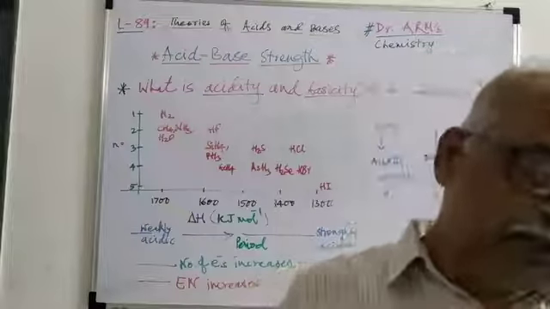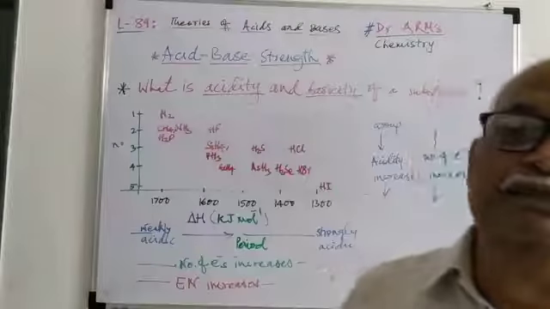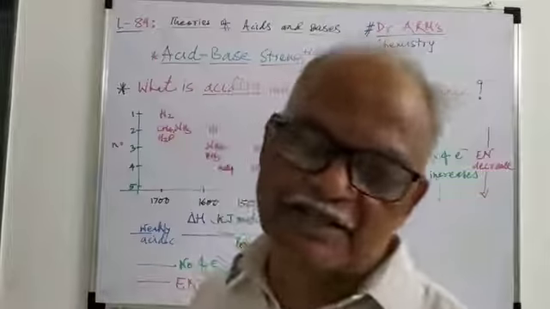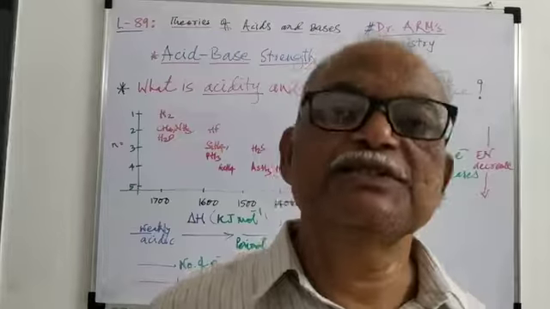We know that halogen acids, that is HCl, HBr, HF, HI, etc., and we know their strengths.